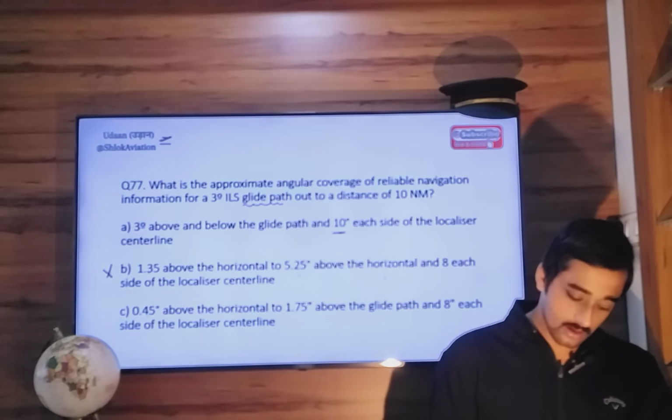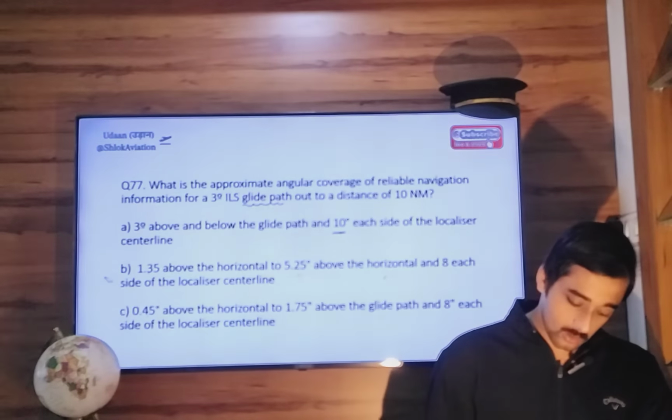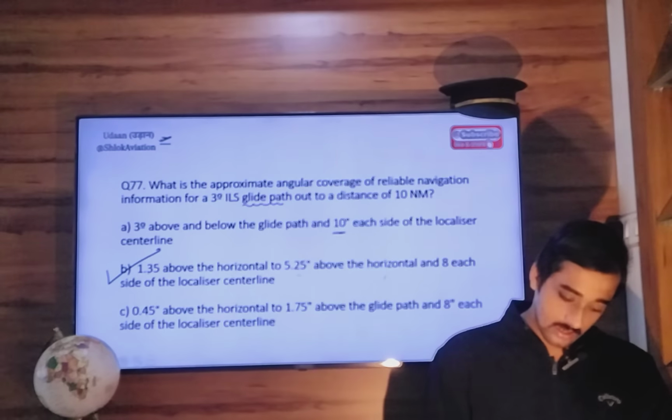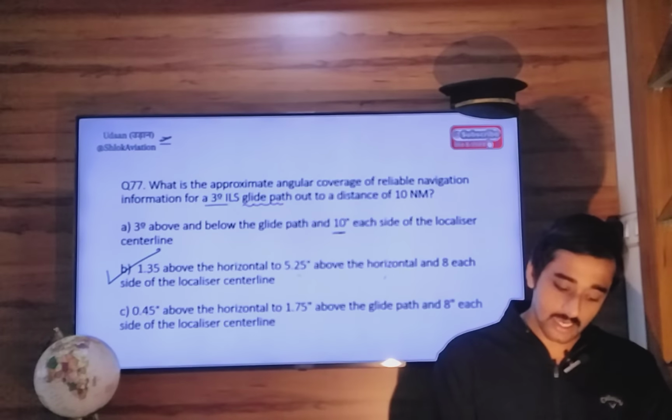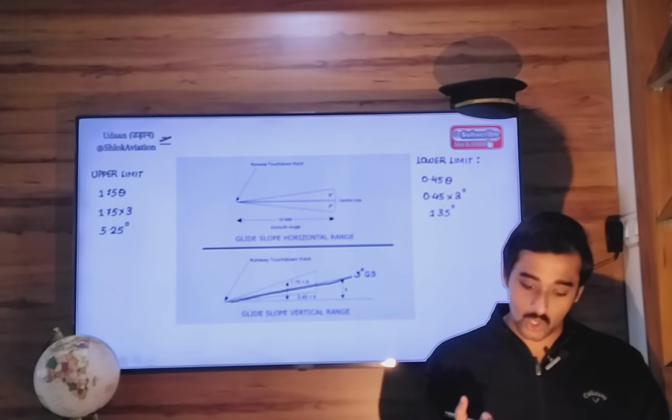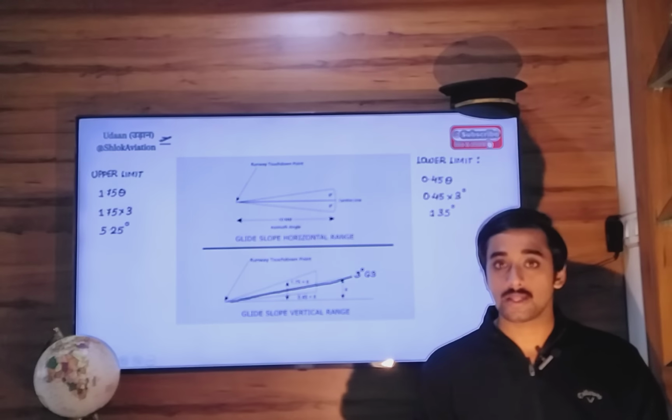So option Bravo is the right answer. Whatever angular measurement they give in the question, multiply that angle with 0.45 theta and 1.75 theta.